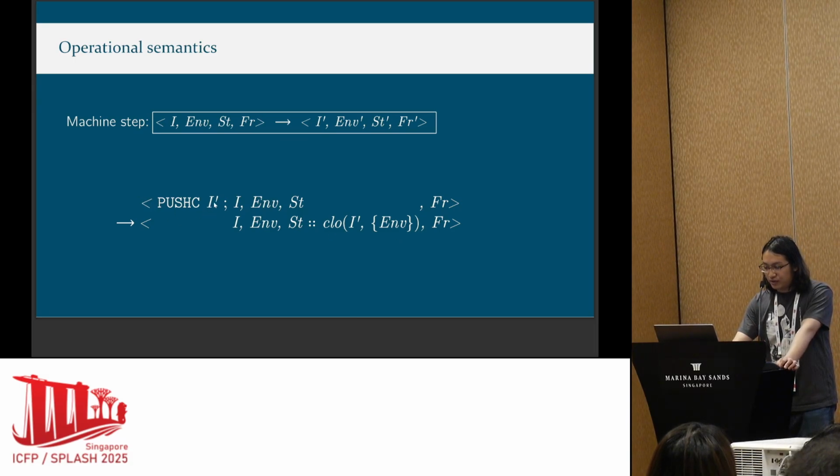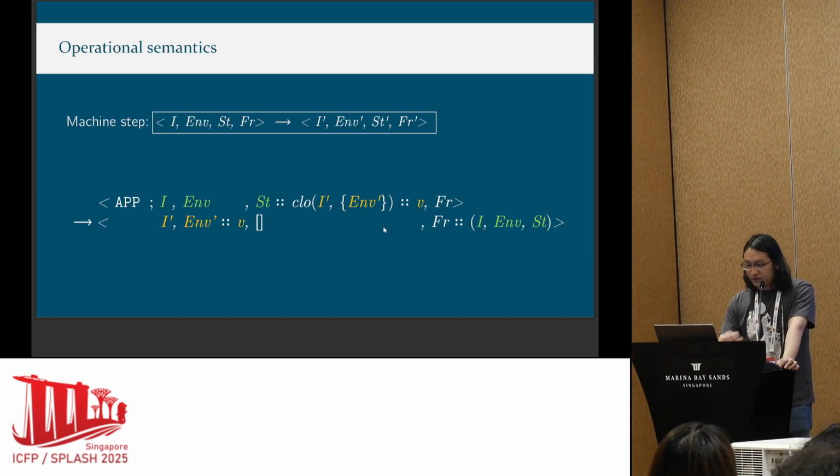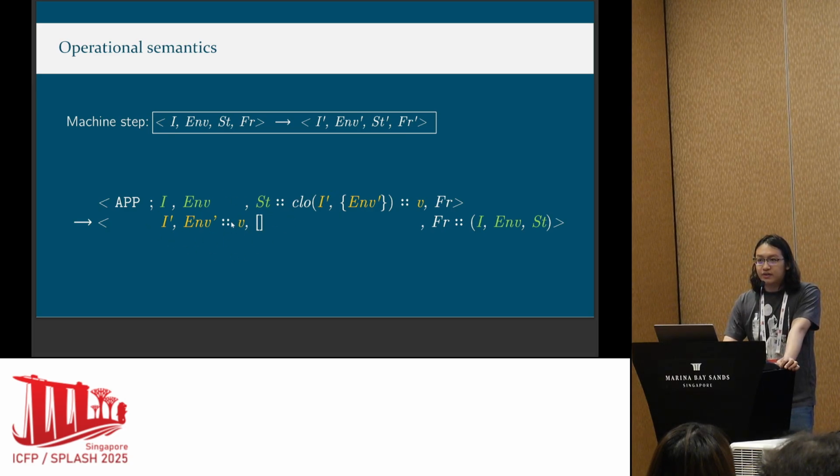When I push a closure, I create a closure with this code and the environment, and I move on. When I apply a closure to a value, I save the current information and push it on the call frame, and then I load the instruction, the environment, and the input on my machine.